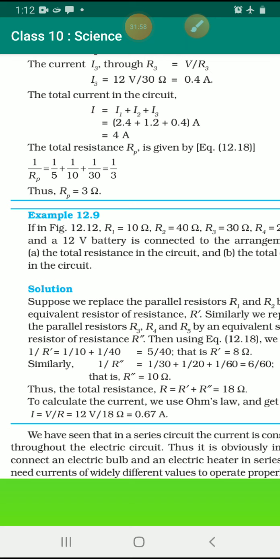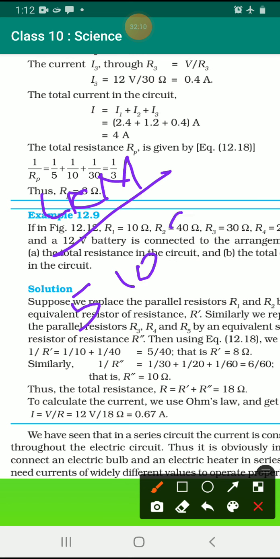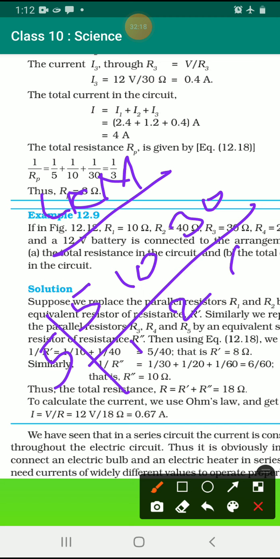First we need to take the LCM of 5, 5, 10 and 30. Dividing by 5: 5 ones are 5, 5 twos are 10, 6 threes are 30.